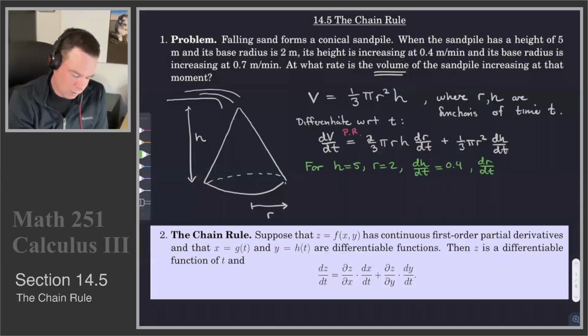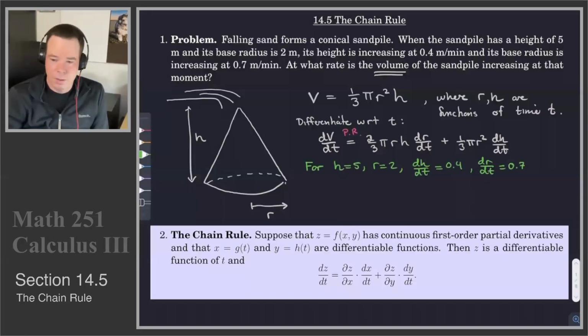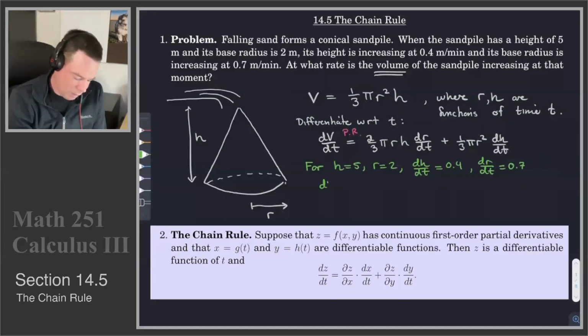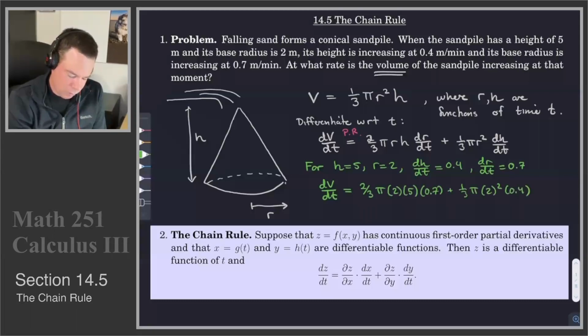Radius is changing at a rate of 0.7, so dr dt is positive 0.7. So with this information, we have that dv dt is equal to 2/3 pi times 2 times h times dr dt, which is 0.7, plus 1/3 pi r squared, so that's 2 squared, times dh dt, which is 0.4.